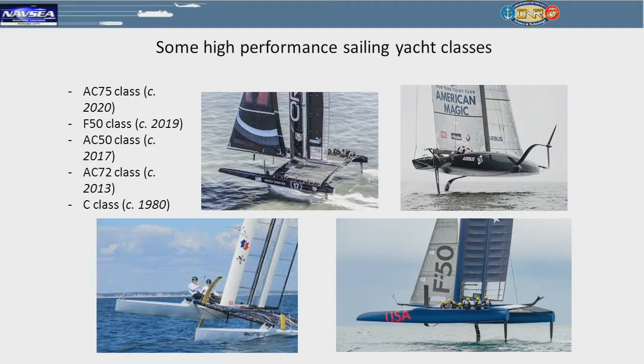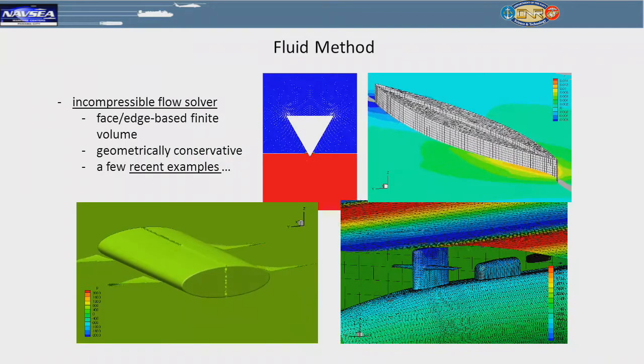Other classes are currently still in service and being raced. The Formula 50, or F50 class, is a new one that was introduced about 2 years ago. The AC50 class, which I believe was in Bermuda, and the AC72, which was in San Francisco. And a little history there in the lower right corner, that's the C class where most of this derives from, in a picture taken about 40 years ago, around 1980.